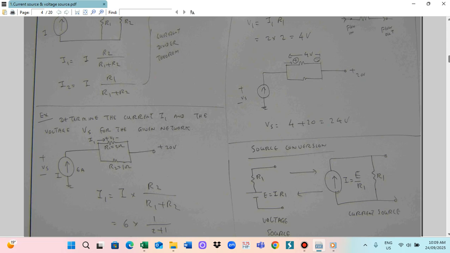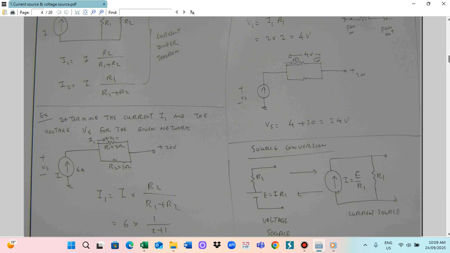The current is I, so E is equal to I multiplied by R1. The voltage source means the battery voltage E and the internal resistance R1. So this is E and R1 in series. This is for the voltage source.